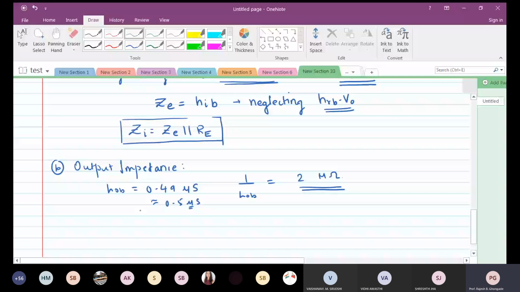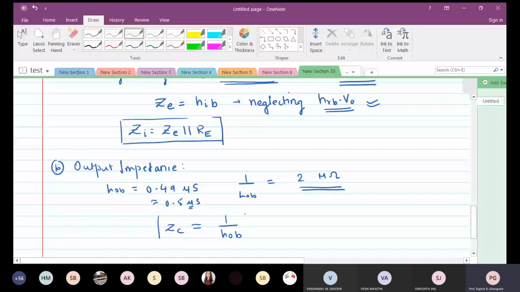Again, since the output circuit has little effect upon the input, that is, the output voltage has little effect upon the input, corresponding to this particular value that we have seen, what we can say is that the output impedance ZC is equal to 1 by HOB, a very large value.